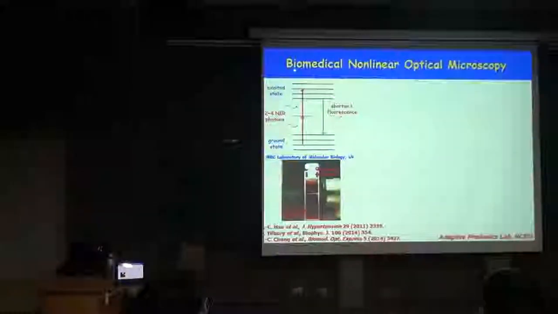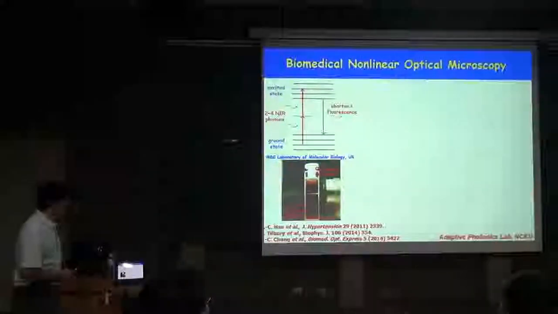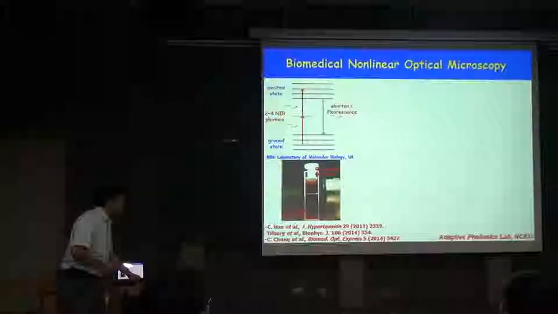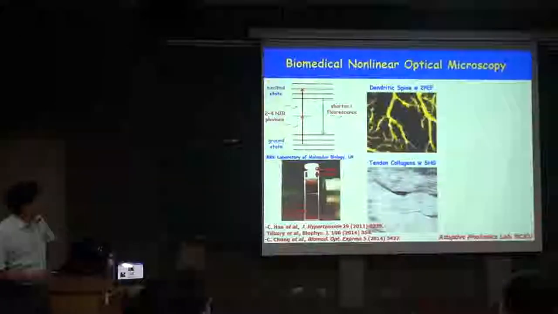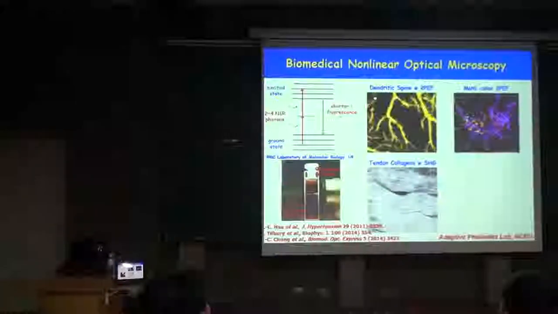So in the biomedical nonlinear microscope, you can use a long wavelength, the near infrared photon. So simultaneously the electron can absorb the two photons and emit the shorter wavelength fluorescence. Like here is the dendrite spine for the two-photon excitation fluorescence.